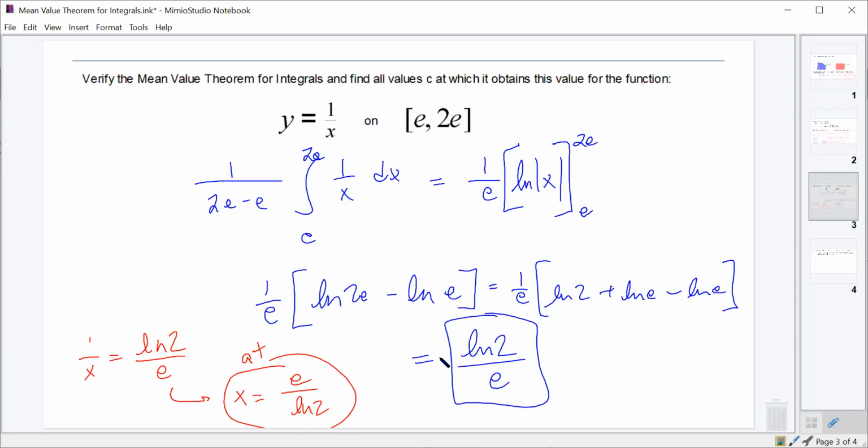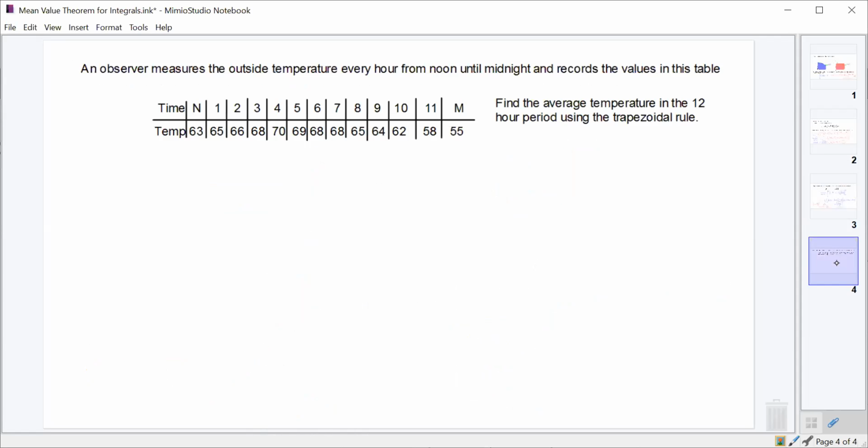All right. Now, let's go back to 3rd grade and our temperature problem. See if we can remember some other stuff. So we've measured the temperature every hour from noon until midnight and recorded the values in the table. So if we go from noon to midnight, we got 13 different values, right? 13 different temperatures there.